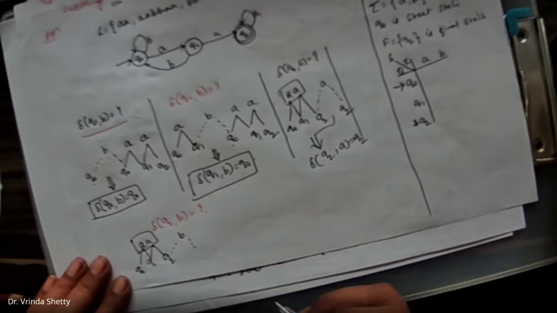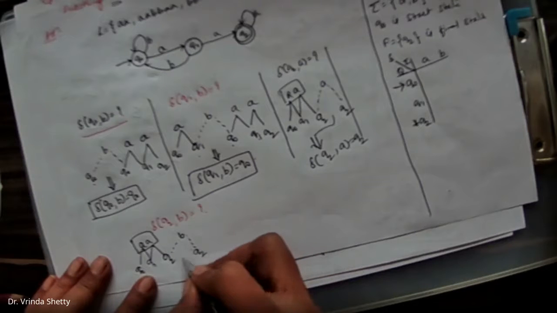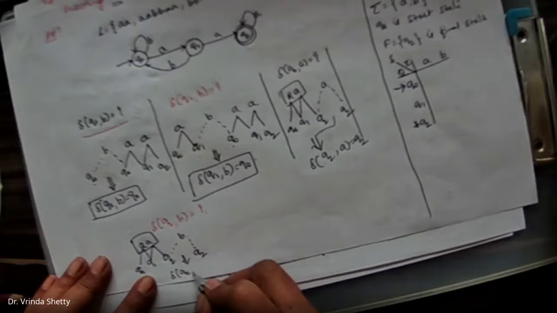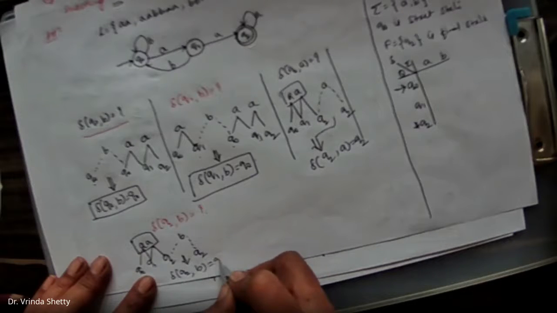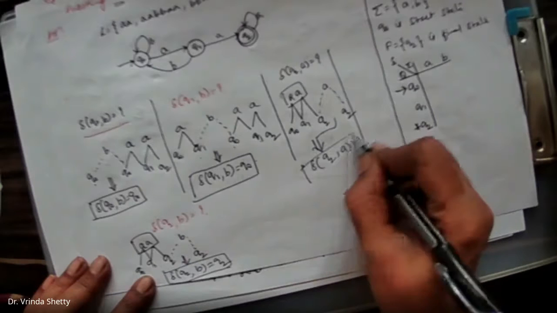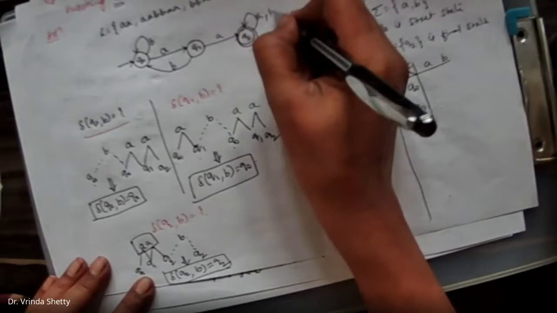The substring AA is already present, so we'll be in the state Q2. So we write the delta transition function here. Delta Q2 on B goes to the state Q2. Q2 on A goes to the state Q2. Q2 on B is Q2.